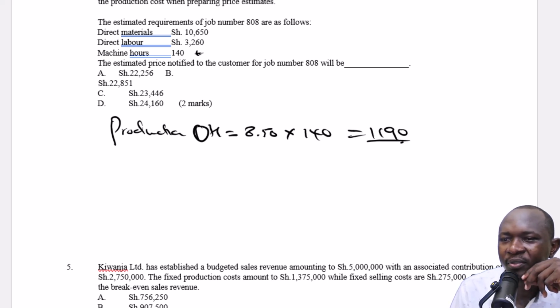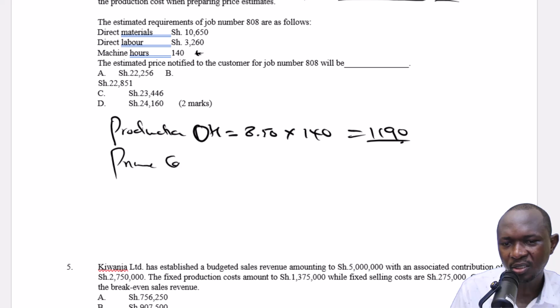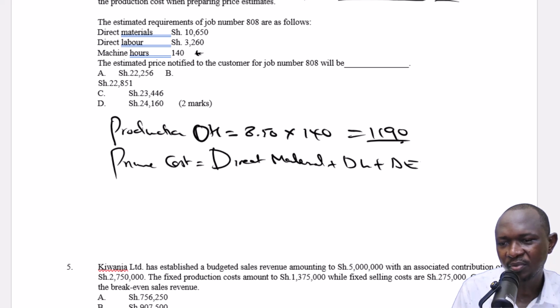A markup of 60% of prime cost is added to production cost when preparing price estimates. So what is prime cost? Prime cost is simply the direct cost: direct materials plus direct labor plus direct expenses. In this question, we don't have direct expenses.